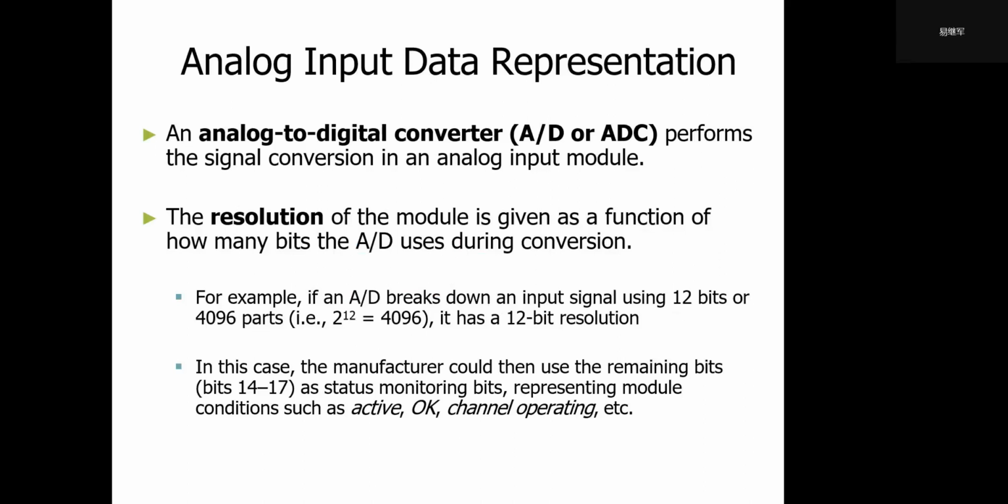An analog to digital converter performs the signal conversion in an analog input module. The resolution of the module is given as a function of how many bits the converter uses during conversion.